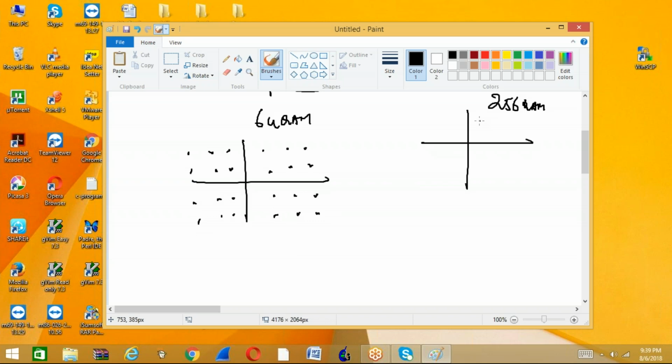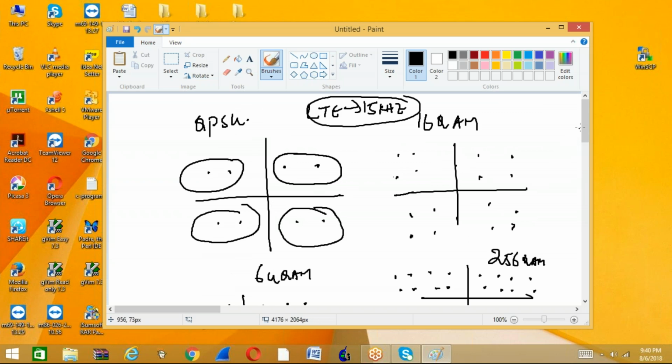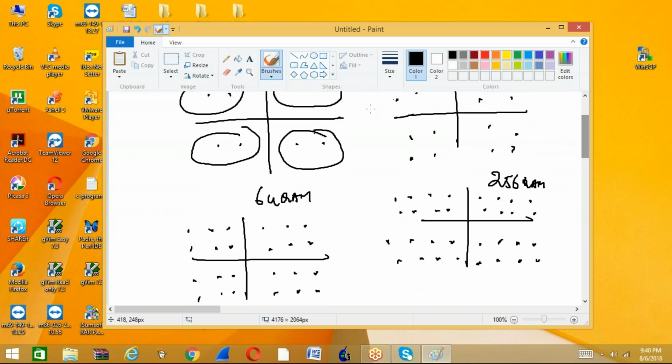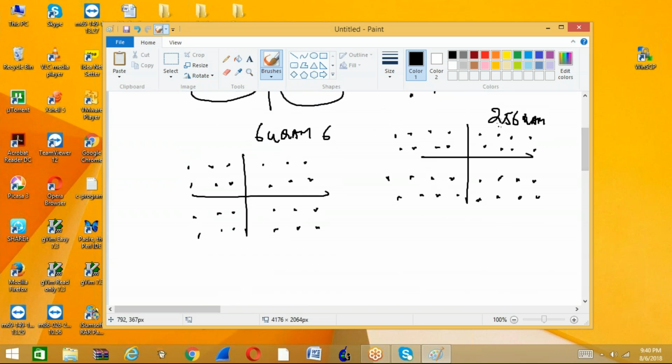Somebody asks why only 6. You can make it 8 dots, right? So here we have 2, here we have 4, here we have 6, here we have 8.